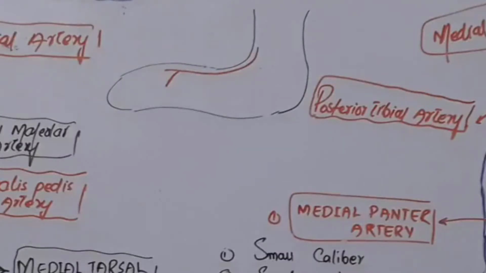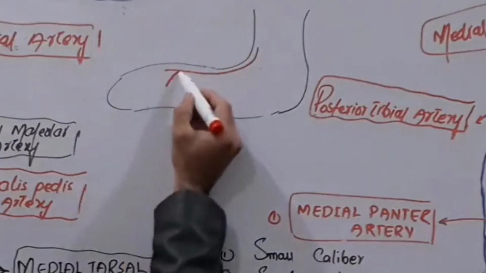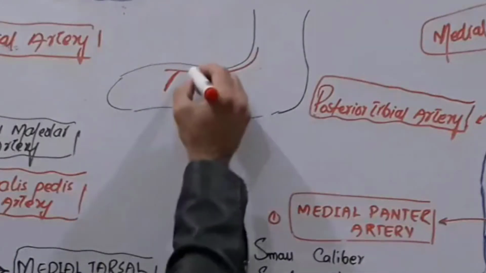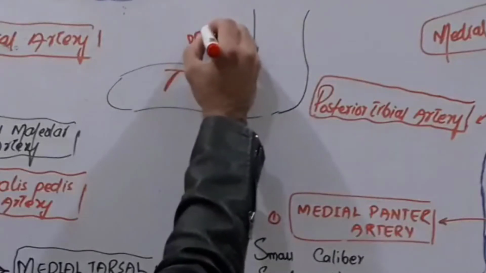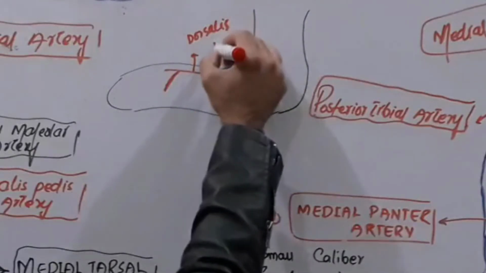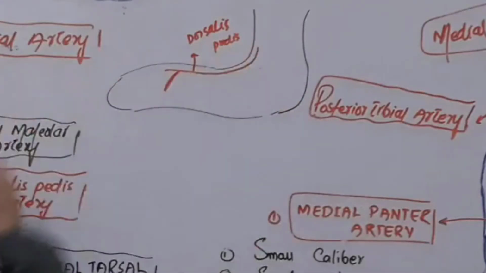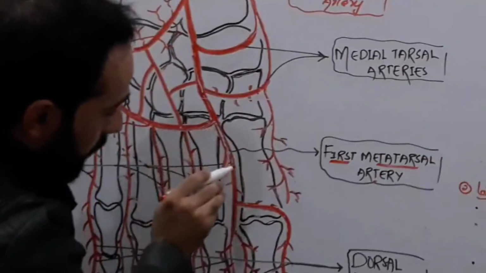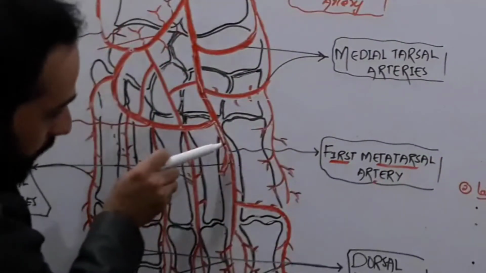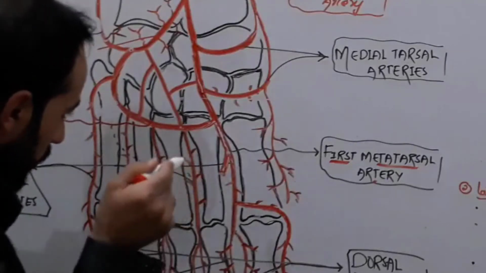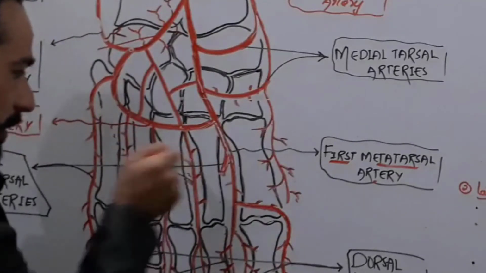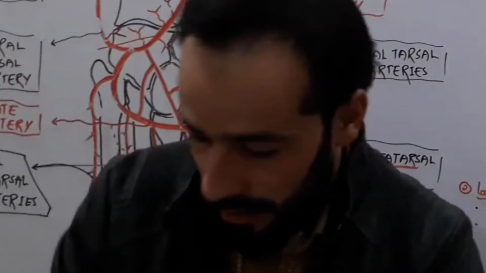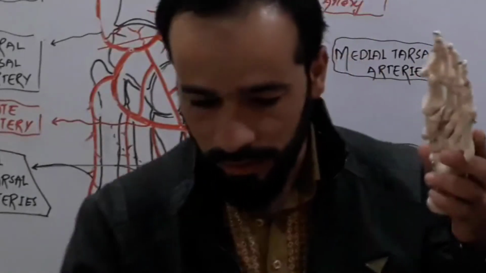This branch goes to the plantar surface of the foot. That's why we call it the deep plantar branch of the dorsalis pedis artery. I have discussed this artery in the previous lecture. From this dorsalis pedis artery there is the first metatarsal artery, and from the first metatarsal artery a branch separates and goes into the deep part of the foot, right? Like this. Look carefully.